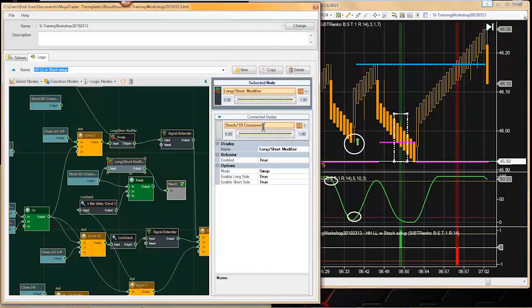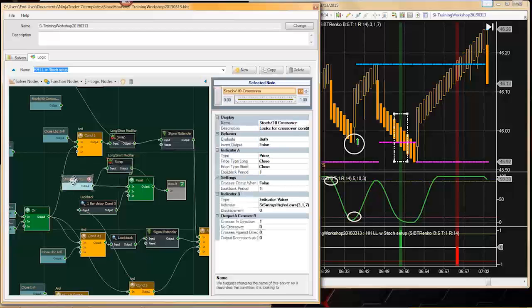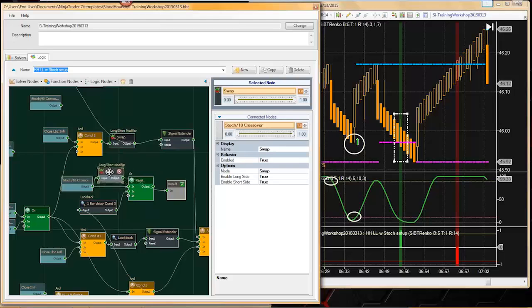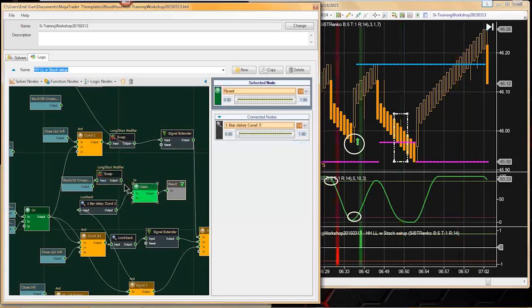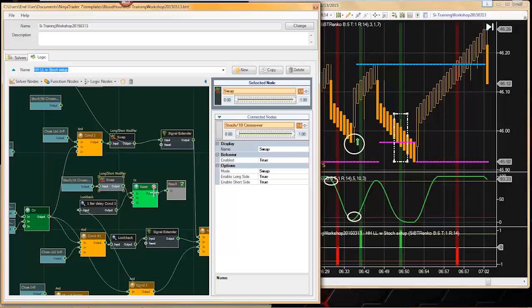All right, so let's change the name there. All right, disconnect that. Connect that OR node in, connect that guy in. Okay. And I'll clean up these leaders here. There we go.